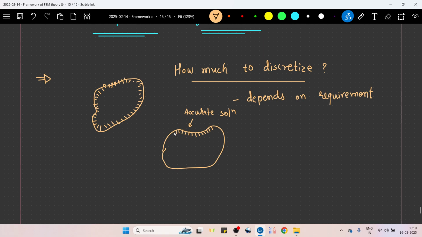Then mesh it with a fine mesh. The remaining locations you can mesh with a coarse mesh, so that you can take computational advantage. So this is one of the tips. There are many other tips, but this is what I feel I should discuss now. Where more accuracy is required, I will use a more refined mesh.